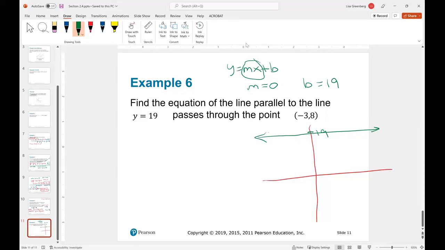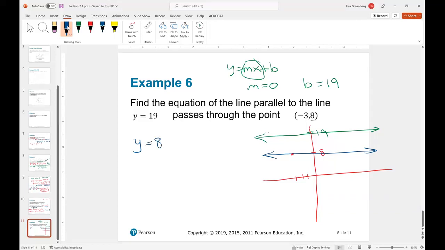And so I need to find a line parallel to that. Well, it's passing through the point -3, 8. Now let's just call this 8. So it's passing through that point. But if it's parallel, it's also going to go horizontally, right? So I don't really need much of anything here. I can just say that the line parallel to y equals 19 is y equals 8.